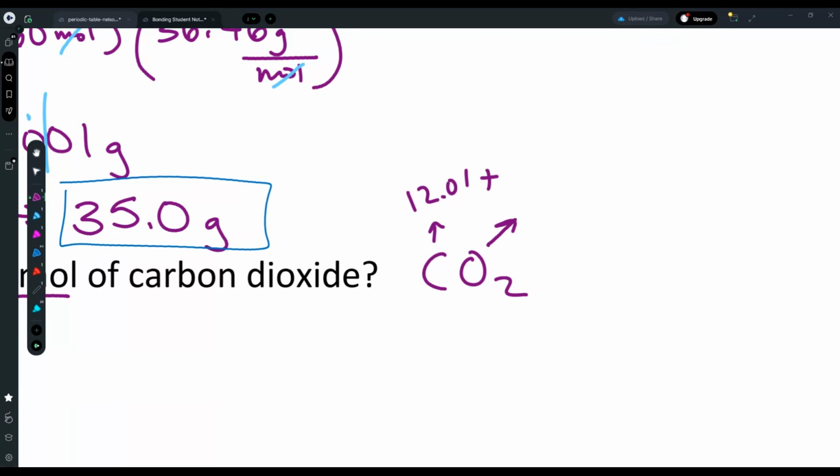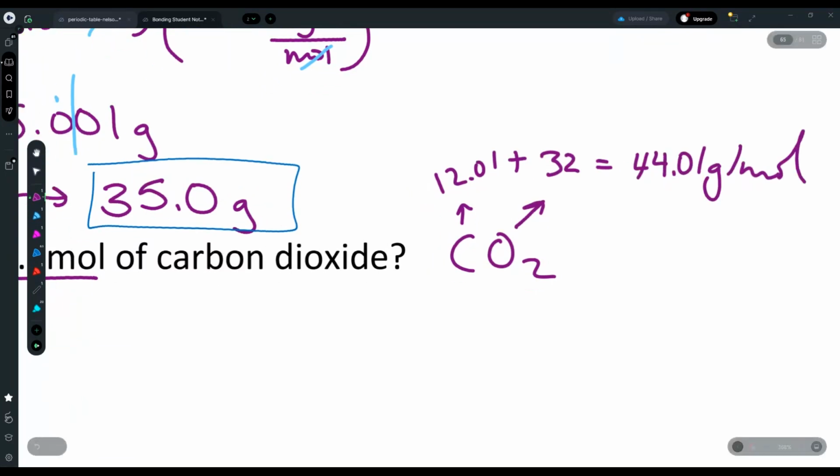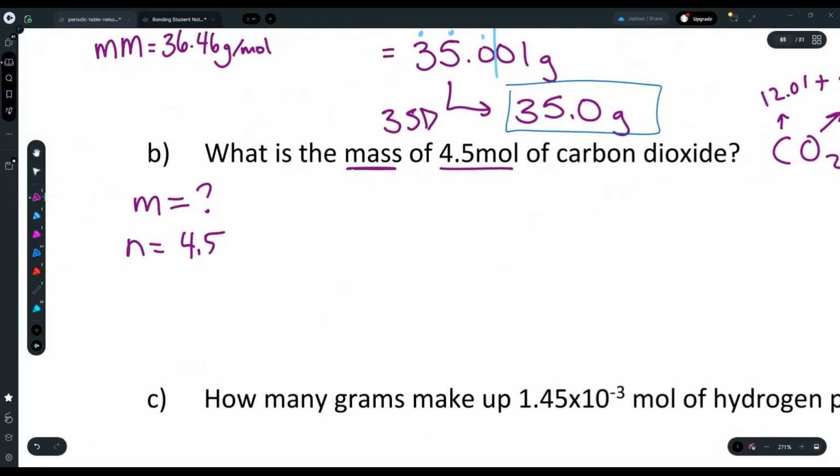Since there's two of them, 16 times 2, that's going to be 32. So 12.01 plus 32, that's going to give us 44.01 grams per mole. So that's our molar mass. So whenever you're given the identity of a substance, you're secretly given the molar mass. Okay, and you just need to put in a little extra work to figure it out.